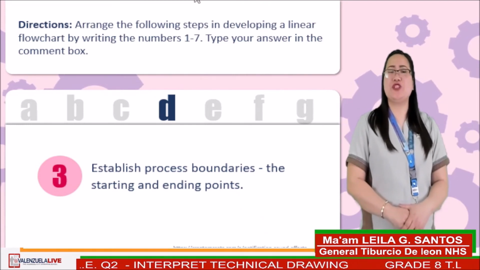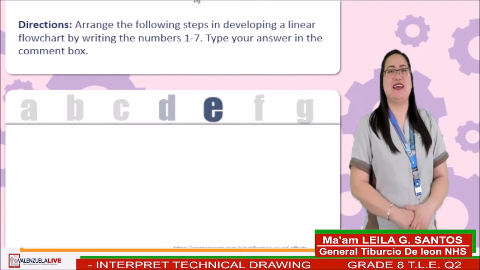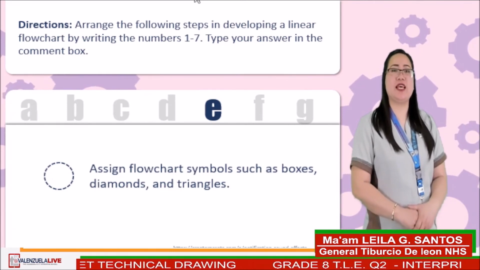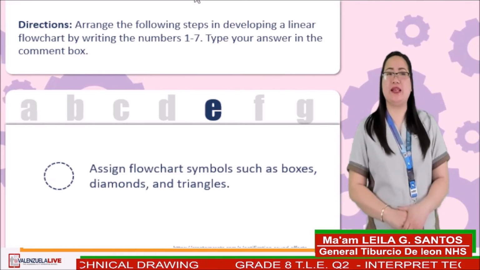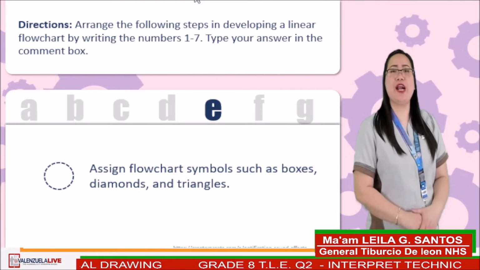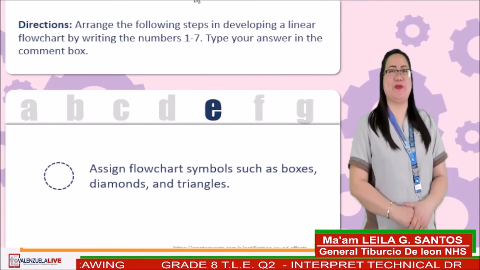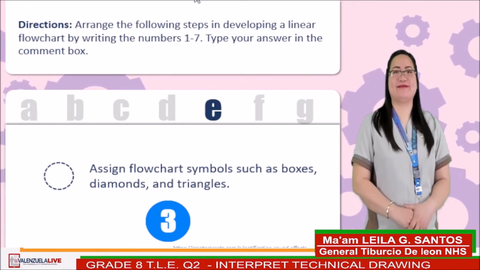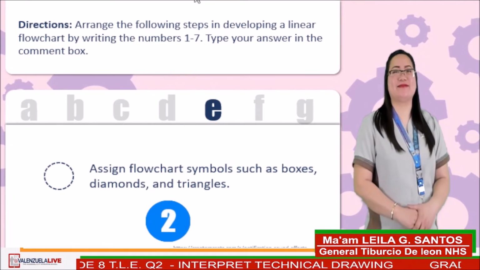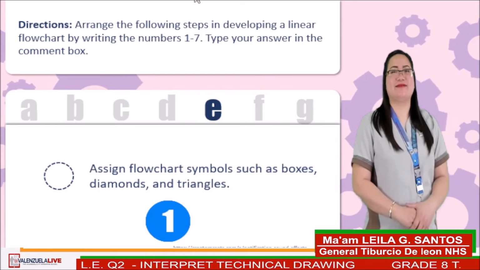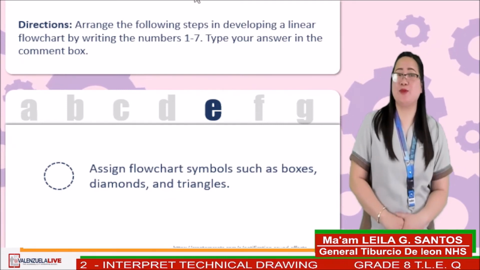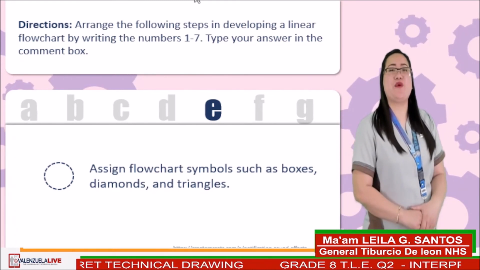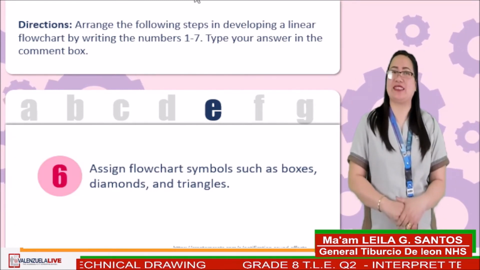How about the answer for number 5? Assign flowchart symbols such as boxes, diamonds, and triangles. Your timer starts now. Time's up. If your answer is number 6, terrific, that is correct.